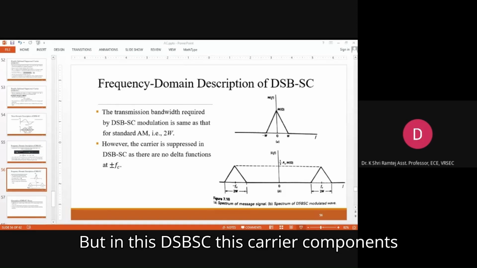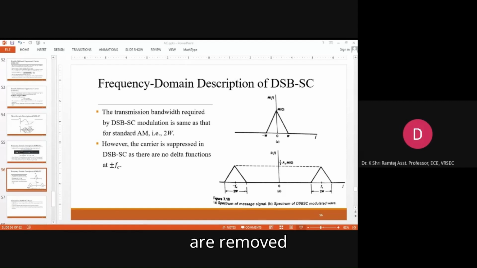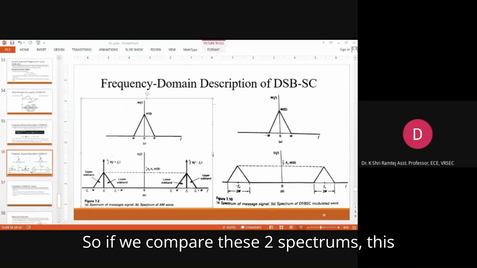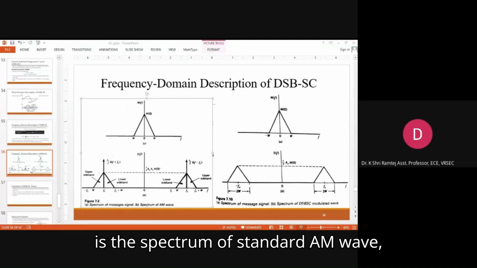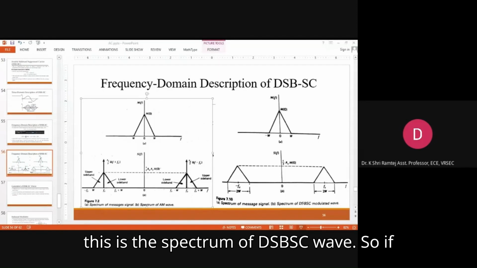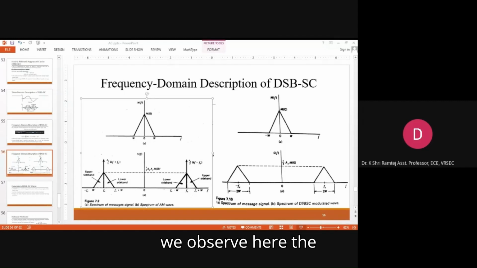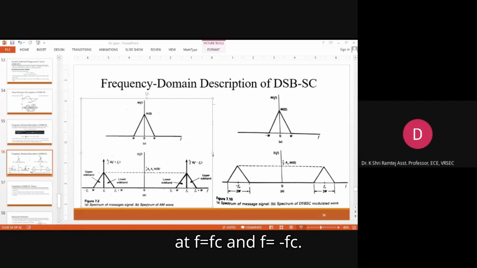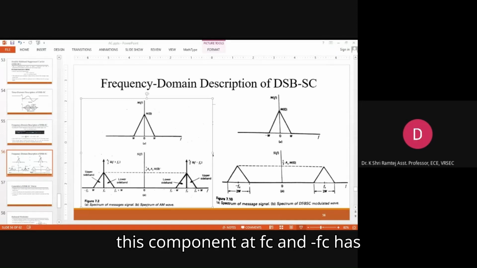But in DSB-SC, these carrier components are removed. If we compare these two spectrums, this is the spectrum of the standard AM wave, and this is the spectrum of the DSB-SC wave. The standard AM wave has a delta function at f equal to f_c and f equal to minus f_c, but in DSB-SC, the components at f_c and minus f_c have been removed.